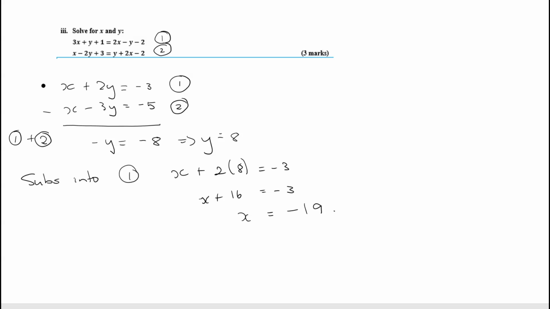It doesn't say put them as an ordered pair, but it's a good idea. Like that. The next question does ask you to give the solutions plural.